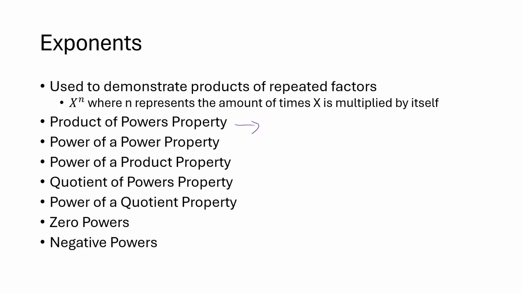The power of a power property is used to find the power of a power. So let's say we get a squared to the fourth. It's a little different because it's not a squared times a to the fourth. It's actually a squared raised to the fourth power, which means you want to multiply these two powers together, which will give you a to the eighth.